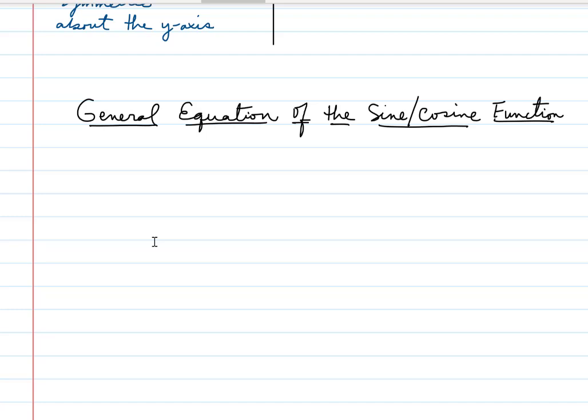This is a different kind of function, a transcendental function, but it's no different than any other function in terms of being able to apply transformations: the rigid and the non-rigid transformations. We're going to be seeing and discussing those in terms of the general equation. So the general equation for these two functions is the following.